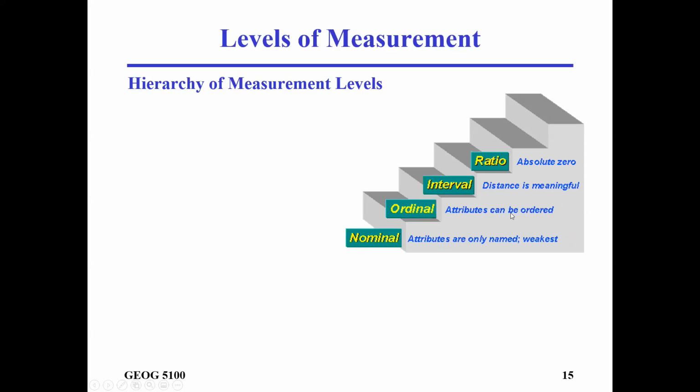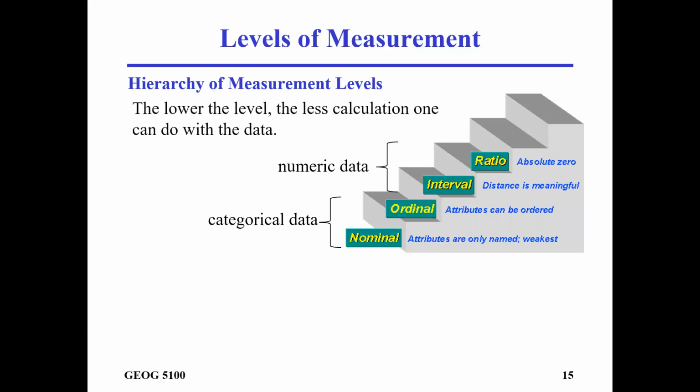Ordinal data, you can rank them, but you cannot do anything more than that. For nominal data, these data values, they are simply names. You cannot rank them, you cannot do any calculations with them. Okay, and for the bottom two levels, we call them categorical data, and for the higher two levels, we call them numeric data. Okay, and the lower the level, the less calculation you can do with the data.